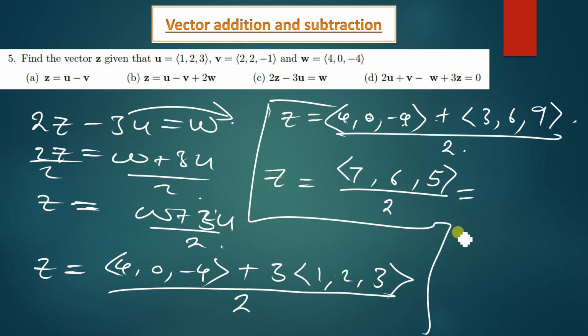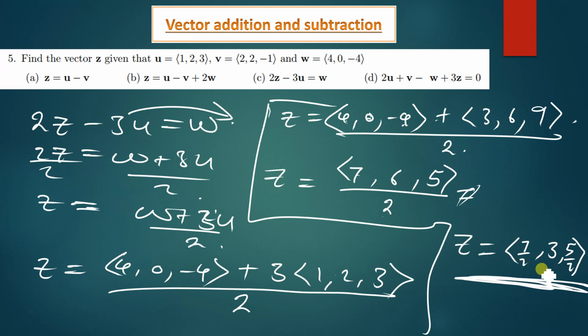So the value of z is, in brackets, which shows that it's a vector, 7 over 2, comma, 6 divided by 2 gives 3, and 5 divided by 2 gives 5 over 2. This is the vector that they want us to find.